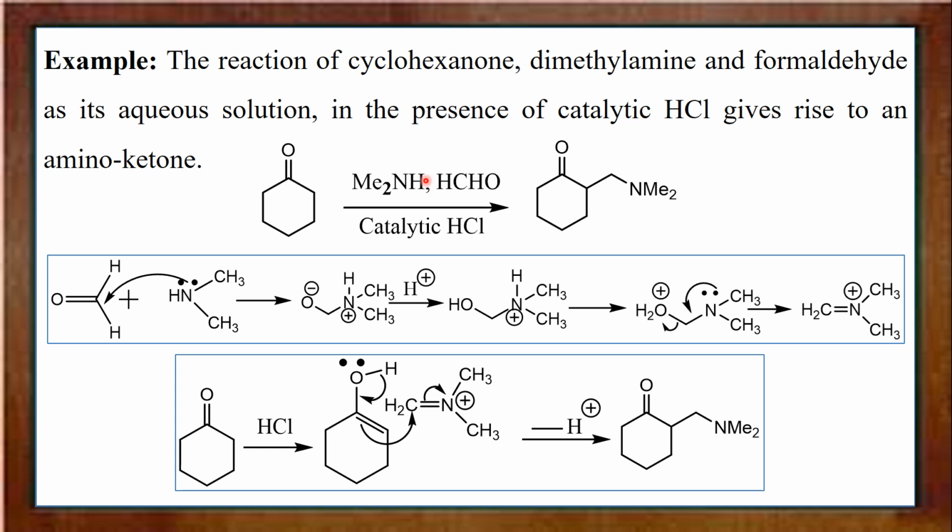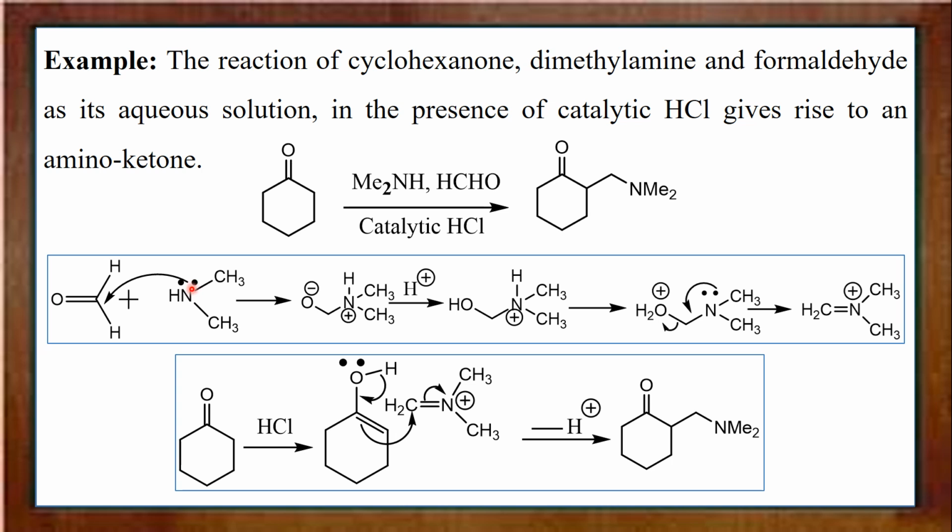First of all, the dimethylamine is reacting with formaldehyde as I have shown here. The amine in the Mannich reaction may be ammonia, a primary amine or a secondary amine. In this reaction we have taken a secondary amine. So this behaves as a nucleophile.